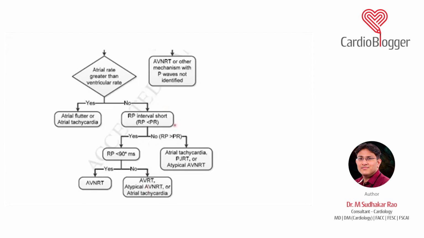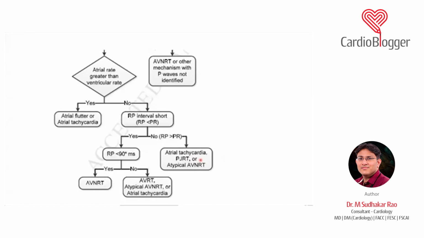When you go to long RP tachycardia, the typical diagnoses are inappropriate sinus tachycardia and atypical AVNRT. Sometimes the AVNRT can have an RP which is more than the PR. It is then known as a very atypical AVNRT or atypical AVRT, also called paroxysmal junctional reciprocating tachycardia.